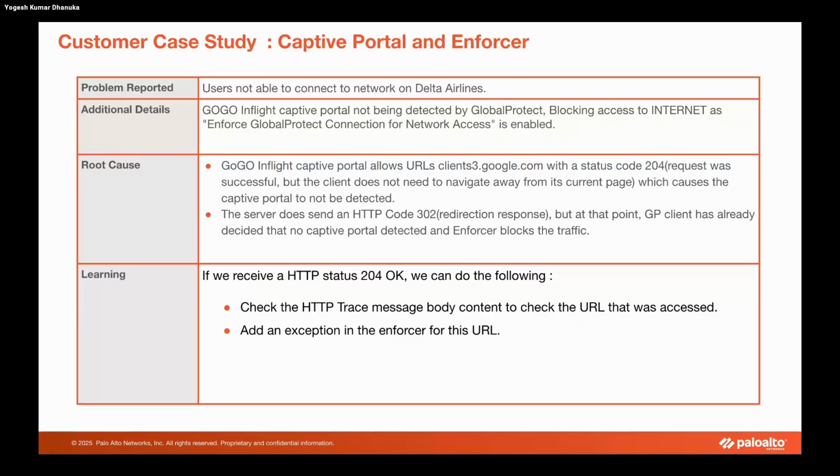But that wasn't happening because there was no redirection coming from the server side. At that point, the GP decided that there is no captive portal, and because there is no captive portal, it would continue to block the traffic. There would be no timeout in there. Once it was identified that it is specific to that network, one of the URLs from that network for the Wi-Fi was added as an exception in the enforcer list, and then the issue was resolved.